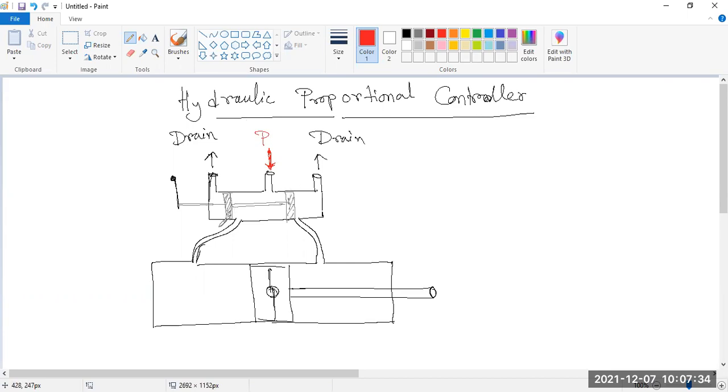Okay. And as usual, this is A and this is B, and this is your piston.